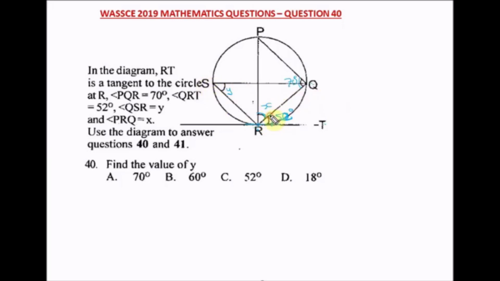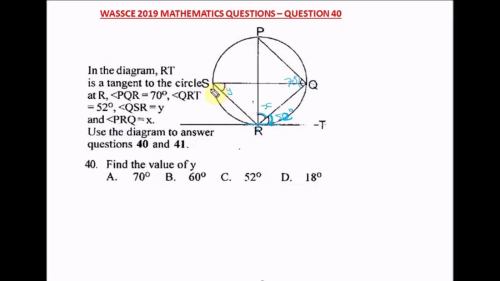So it means that this angle here, the angle between a tangent of a circle, this is a tangent, and a chord, this is a chord, I hope you know what a chord is, drawn from the point of contact of this same tangent, is equal to the angle in the alternate segment. I hope you know what a segment of a circle is.